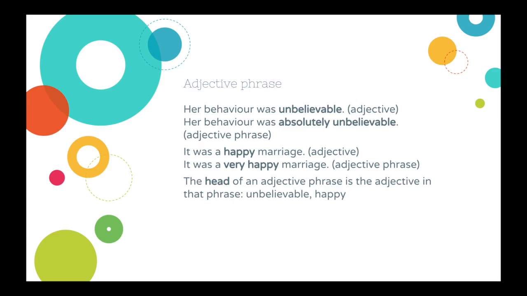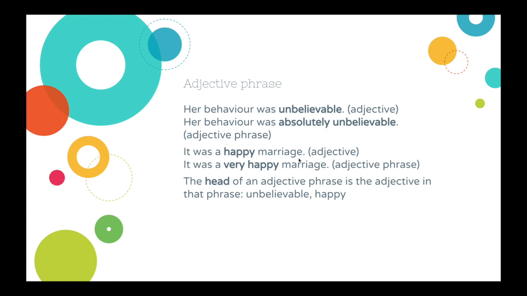If you still remember, an adjective describes a noun. Okay, so for example, her behavior was unbelievable. Okay, this one alone is an adjective, also an adjective phrase. Okay, but if you have two words here, absolutely unbelievable, that's an adjective phrase with the head unbelievable. Okay, it was a happy marriage.